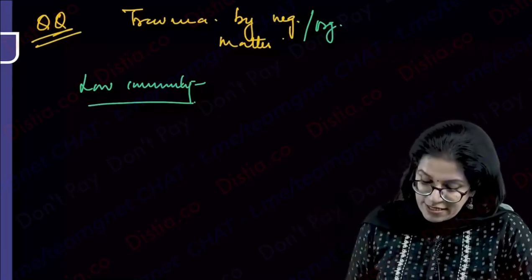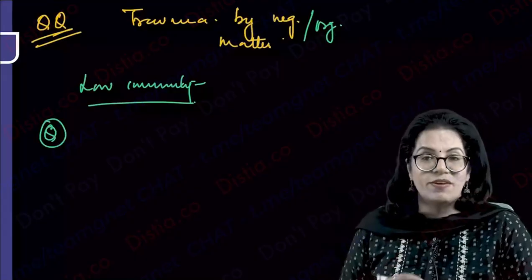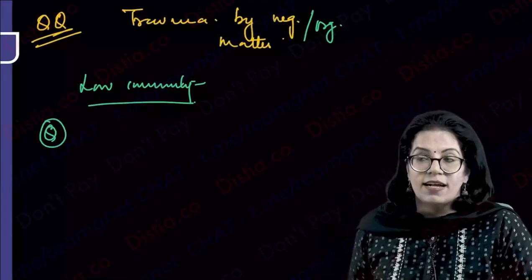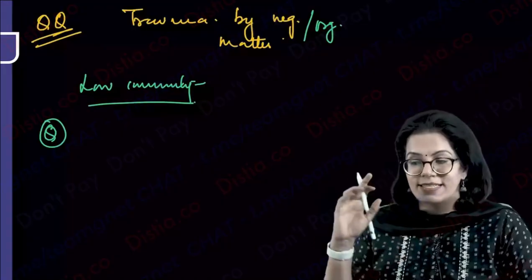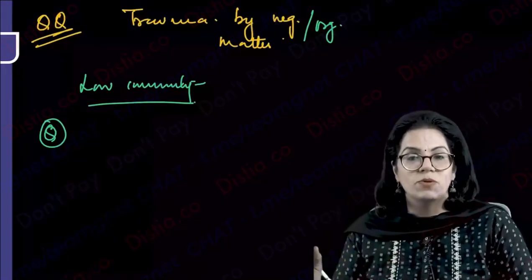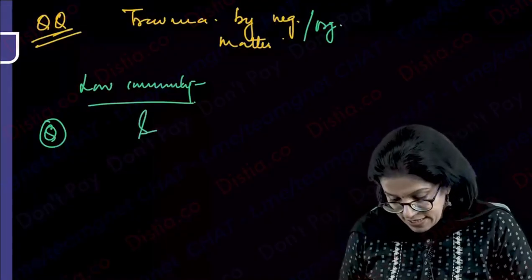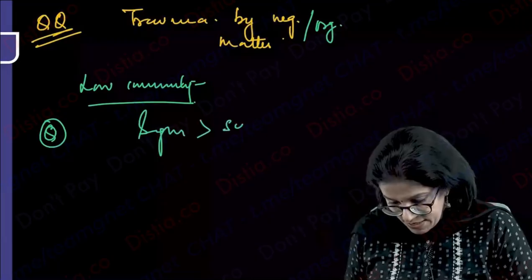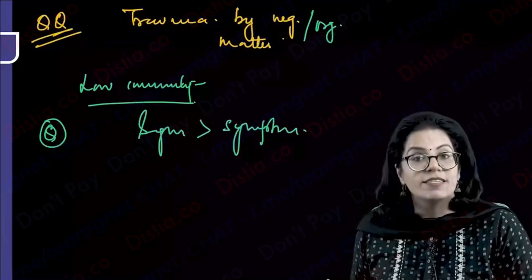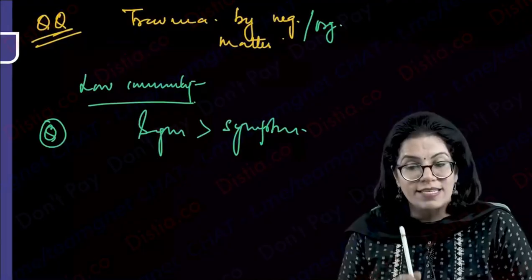Right. So once we know this, the next important question: compared to bacterial keratitis, are signs more or symptoms more? This is an important question asked. So you will say signs are more than symptoms. We are comparing with what? Be clear, bacterial keratitis.